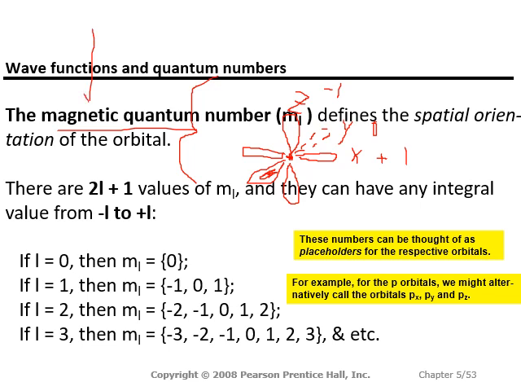Nevertheless, that is the third quantum number. So this is quantum number 3, which let me just write here. So the first one is the N number. The second one is the subshell, or the L number. And the third one here is called the magnetic quantum number, and it's abbreviated as M sub L. The M stands for magnetic, and the L refers back to the angular momentum number that we talked about before.